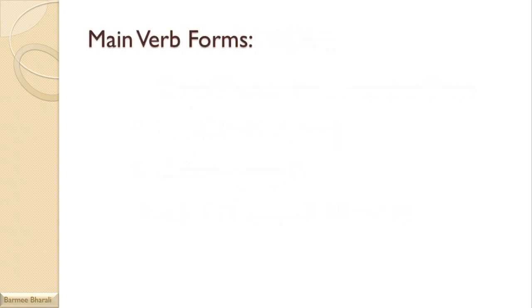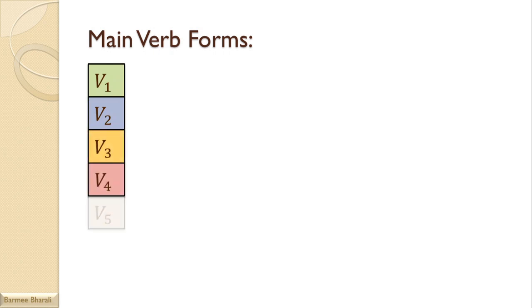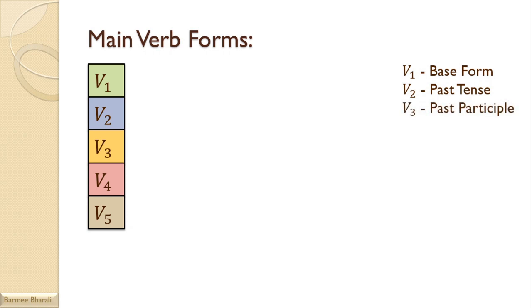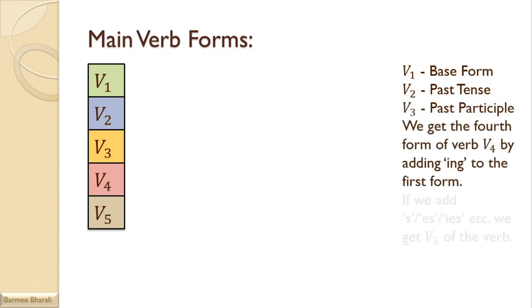Before discussing the past tenses, let's learn a bit about the main verb forms, which are V1, V2, V3, V4 and V5. V1 is the base form or the present tense, V2 is the past tense, V3 is the past participle.